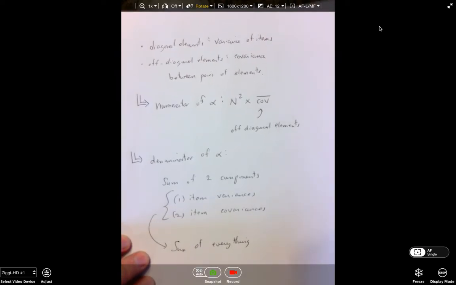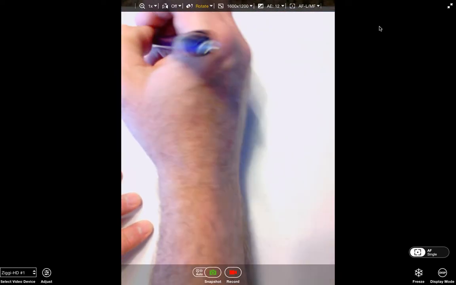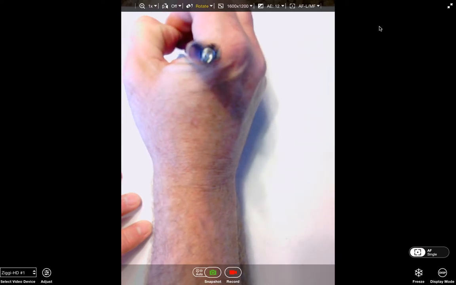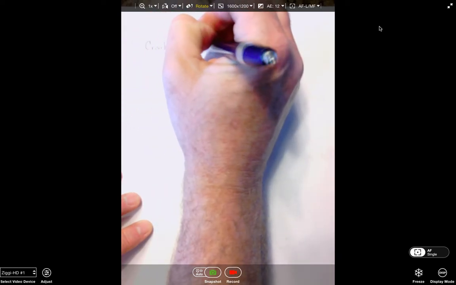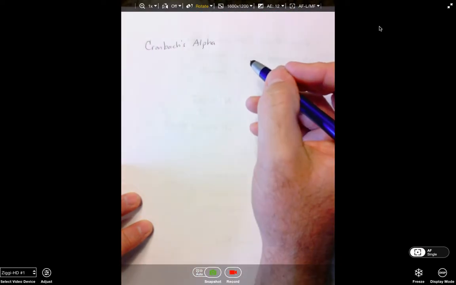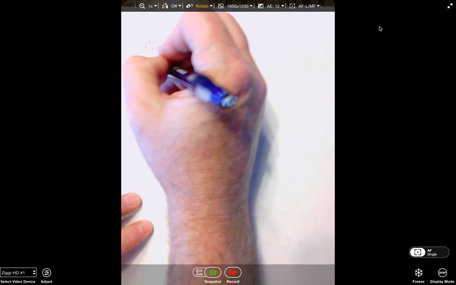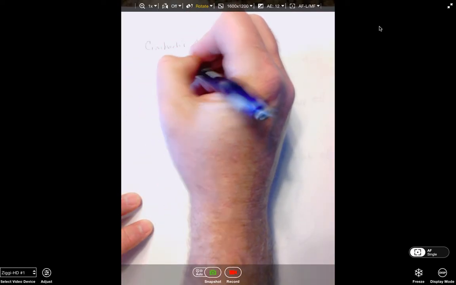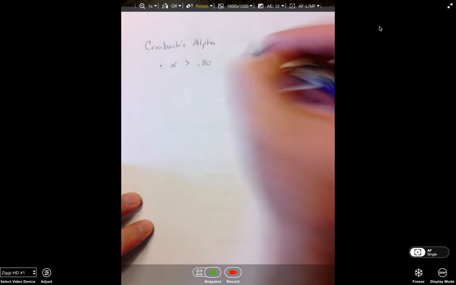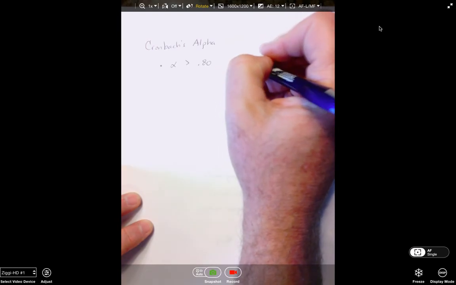Okay. Let me tell you a little bit more about Cronbach's alpha, something to put on your radar. Previous research on Cronbach's alpha will lead you to believe some stuff. First of all, it's going to tell you that as long as alpha is greater than 0.80, then we have an acceptable level of reliability if we're dealing with a cognitive scale.